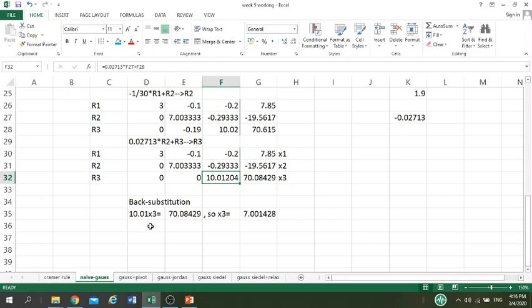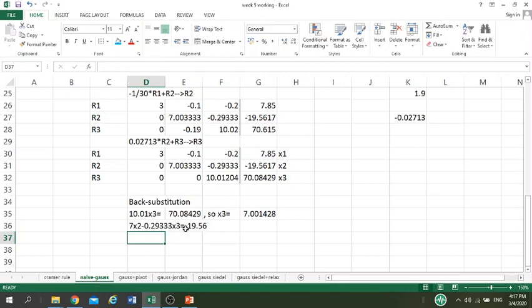So for x2, 7x2, follow here, minus 0.29333 x3, equals minus 19.56.